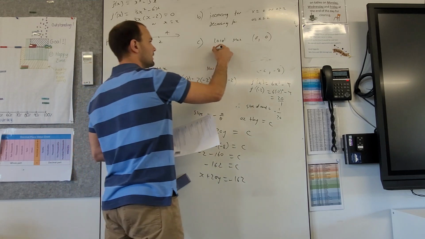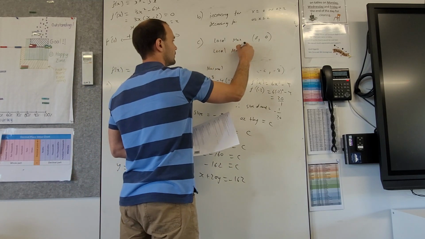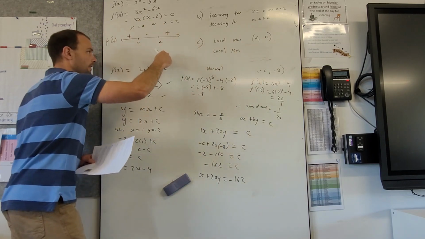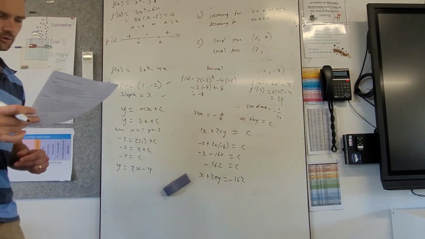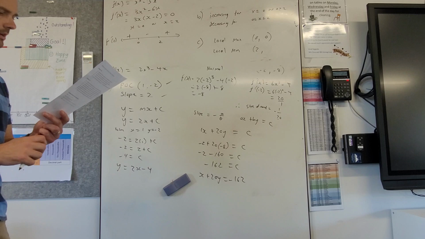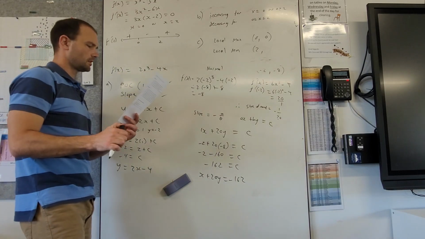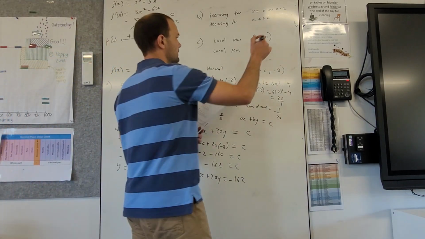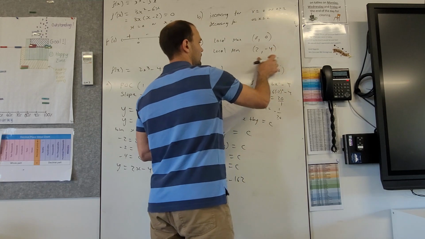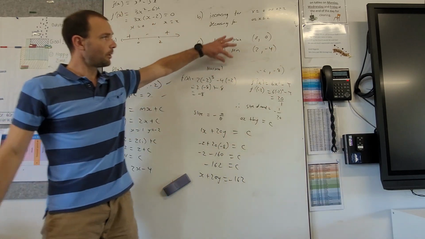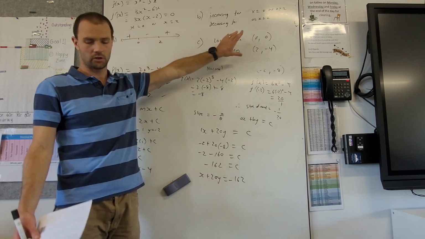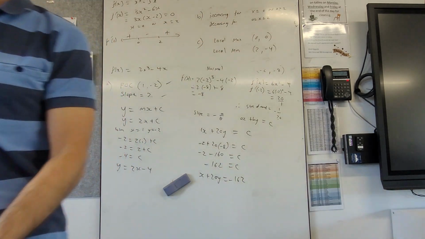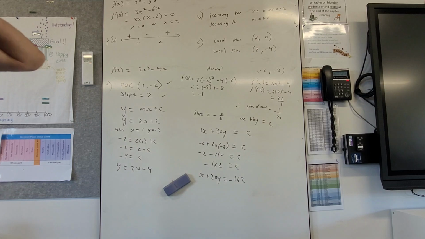And a local min, because we're decreasing and then increasing, local min at x is 2, and the y value will be 8 take 3 times 4, 8 take 12, minus 4. Alright, now both of those, you can just g-solve those from the original graph as well. So again, a way to get them off the calculator.